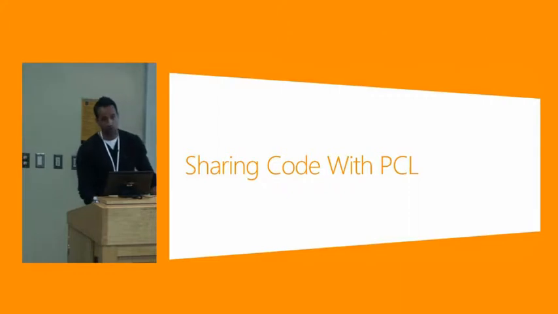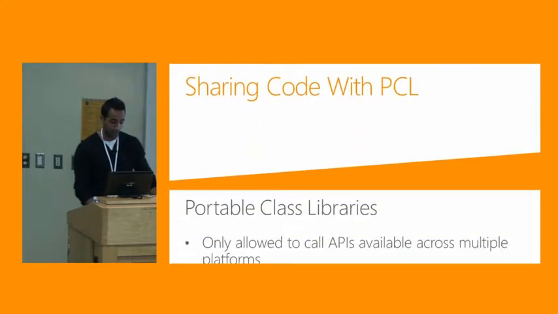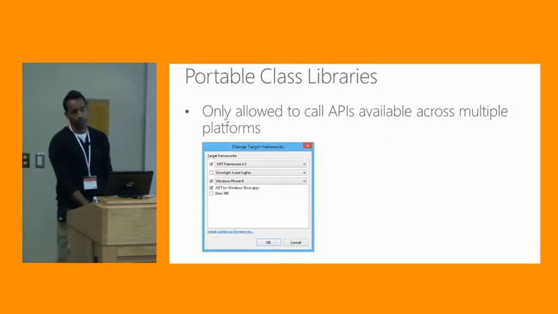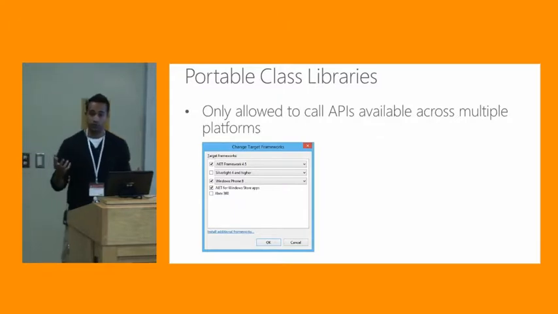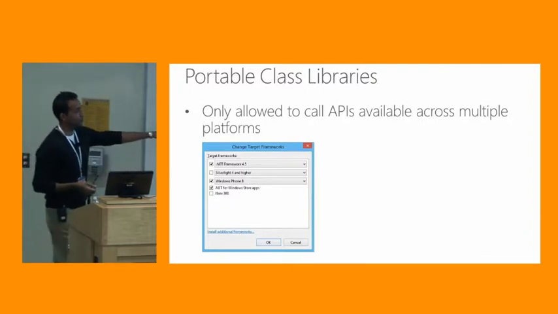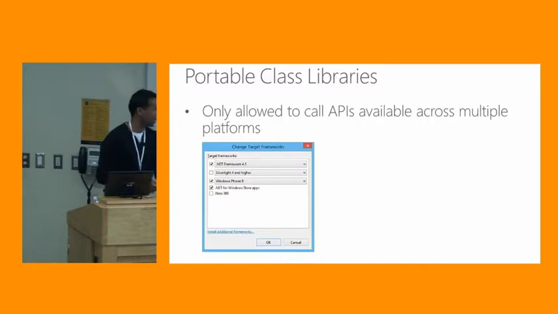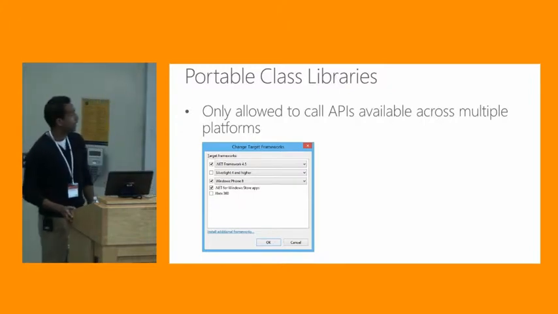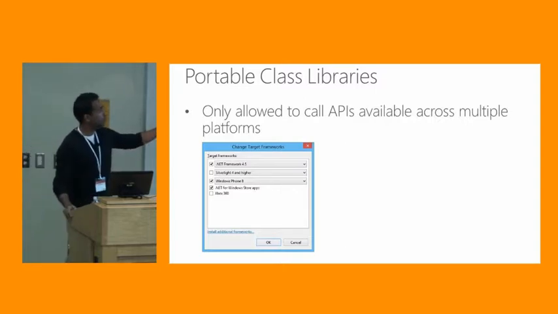But you can use something called PCL, which is Portable Class Library, and that actually does allow you to share code between both the phone and Windows 8. So when you create a PCL, you get a dialog like this right here that asks you what frameworks you want to target. And you can see you don't have to just do this with Windows 8 and Windows Phone. You can even target Xbox. You can target Silverlight.